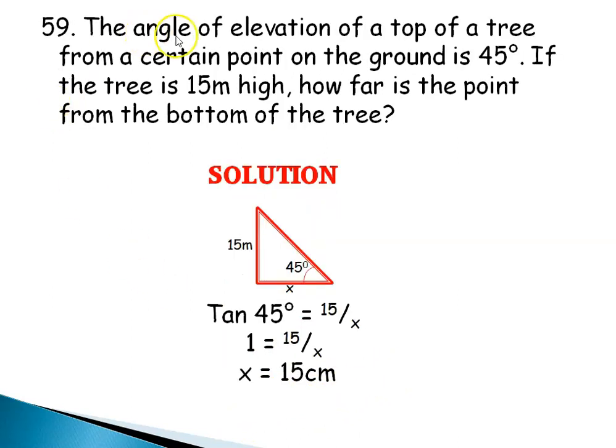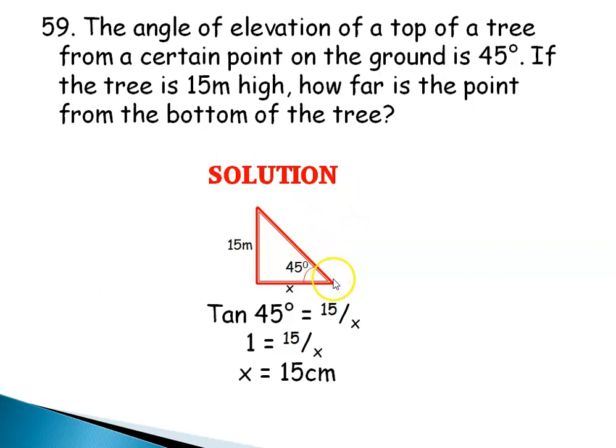Question 59. The angle of elevation of the top of a tree from a certain point on the ground is 45 degrees. If the tree is 15 meters high, how far is the point from the bottom of the tree? Okay, so we need to use a diagram to show it.